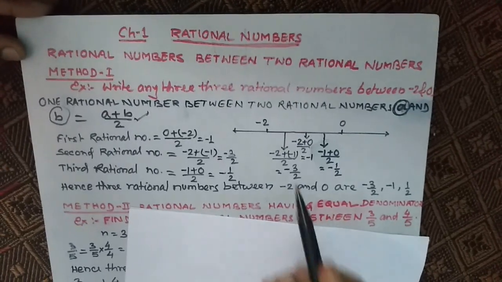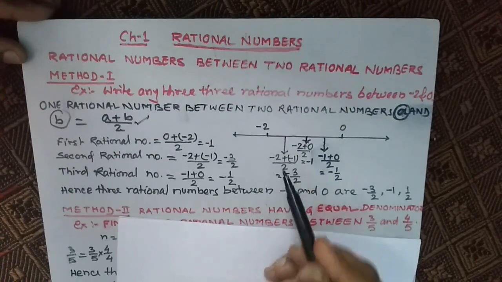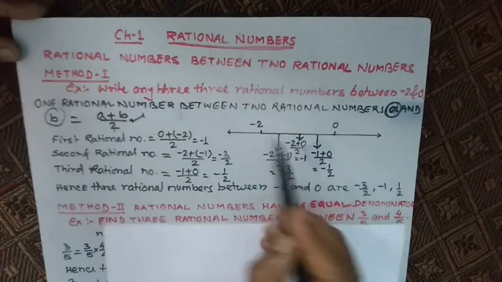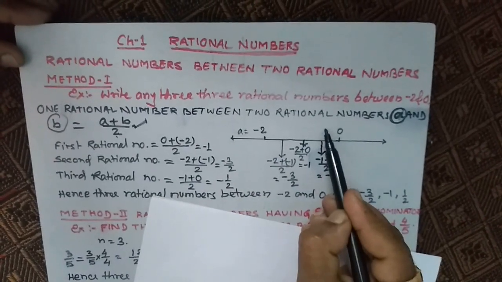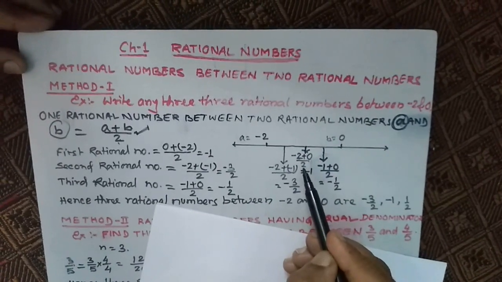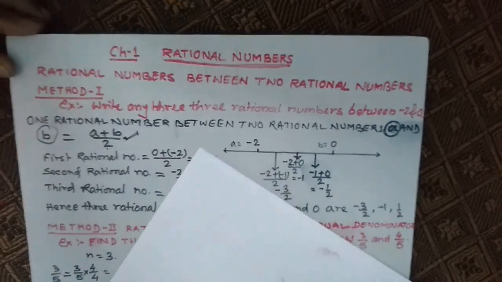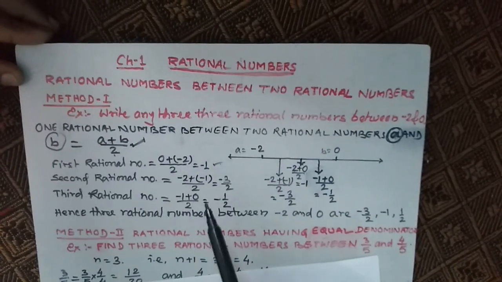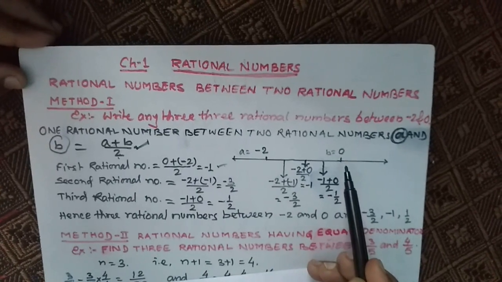Now in the very middle, using the formula (A plus B) divided by 2, A is here -2, and B equal to 0, that is (-2 plus 0) divided by 2. Then you will get -1. -1 is the number that is in between -2 and 0.